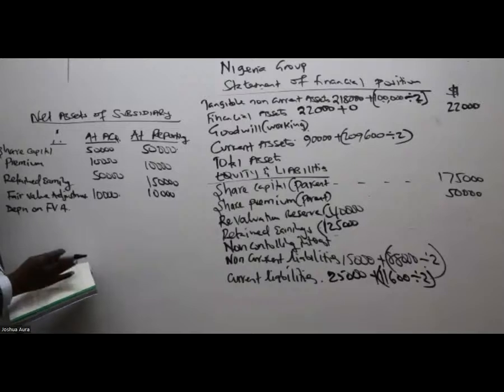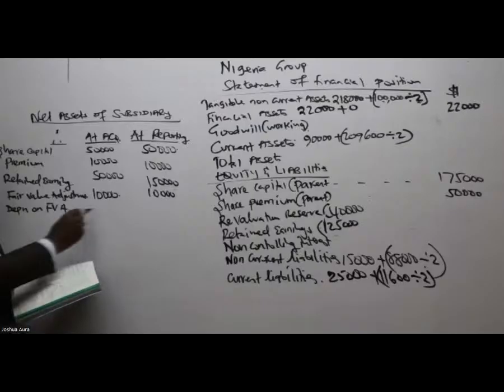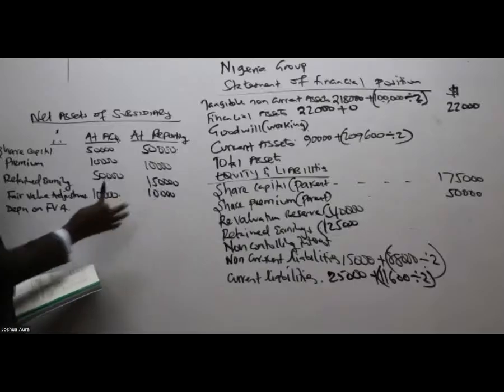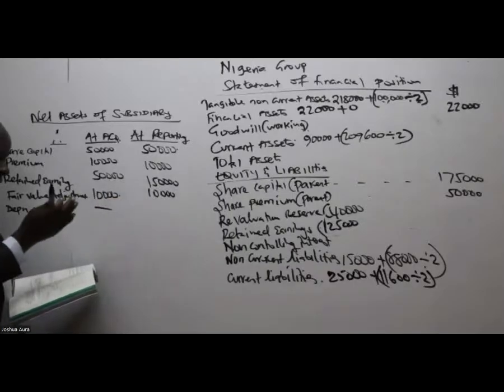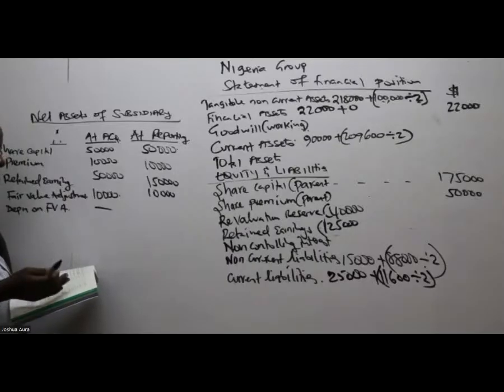Now, the only thing that I would expect you to give me is the depreciation on fair value adjustment, which is never here. Depreciation on fair value adjustment always comes in as a deduction. They've given us a policy from note number 2: at the date of acquisition, the fair value of Lagos non-current assets, which at that time had a remaining useful life of 10 years, exceeded their book value.